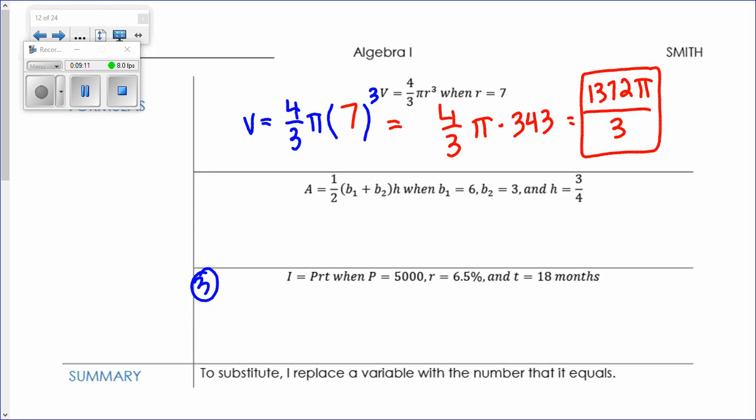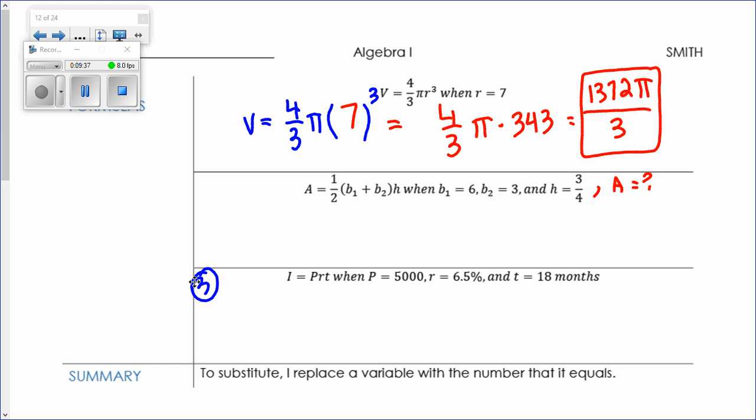For number 2, you're looking for area. Area equals 1/2 times the quantity of B sub 1 plus B sub 2, times H. When B sub 1 equals 6 and B sub 2 equals 3 and H equals 3/4, we're going to find the area.